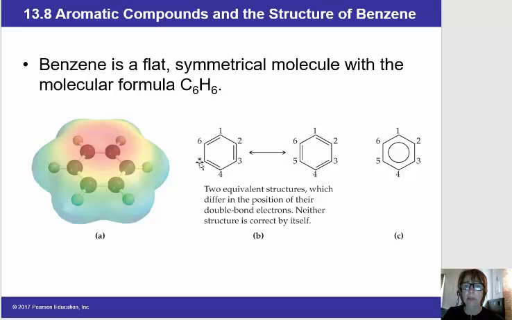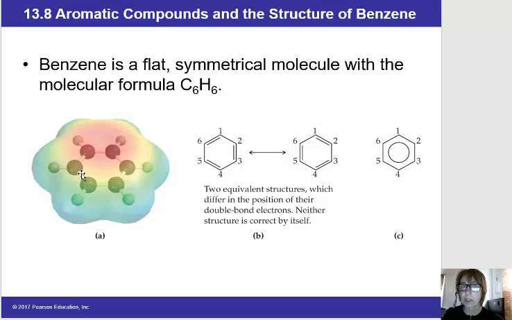The bond length is longer than a double bond and shorter than a single bond, and it's all the same length. So for our purposes, we can think of the skeleton, the carbon-carbon bonds, that is the same length, as a single bond. A more correct term is sigma, but we'll just consider it to be a single bond.